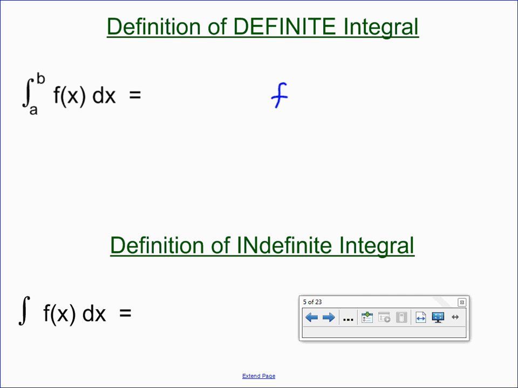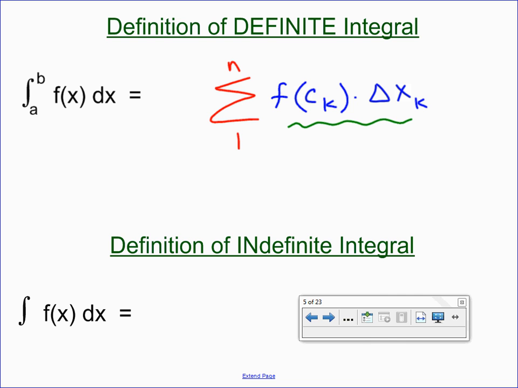So we had f of c sub k times delta x sub k, and this represented the area of a typical rectangle. Then we summed up the areas of all my rectangles from 1 to n rectangles, and that gave me an approximation for the area underneath the curve.